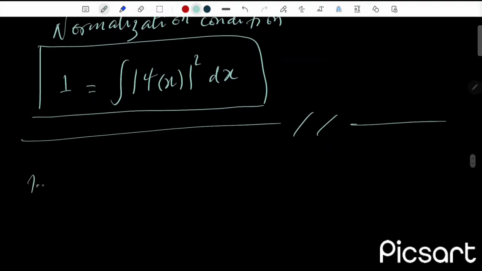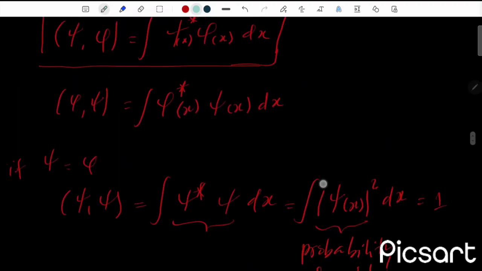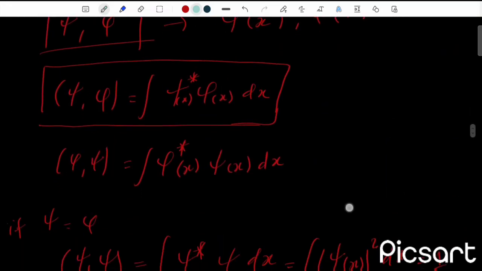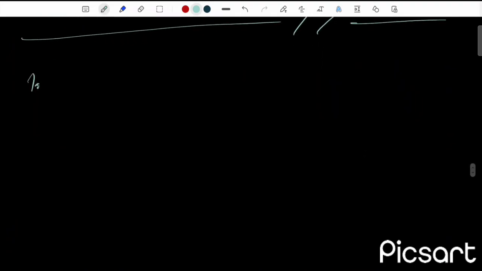The first exercise is: show that if two operators L and M have the same eigenfunction, then those operators commute with each other. Okay. We have L acting on psi, and we get lambda times psi.